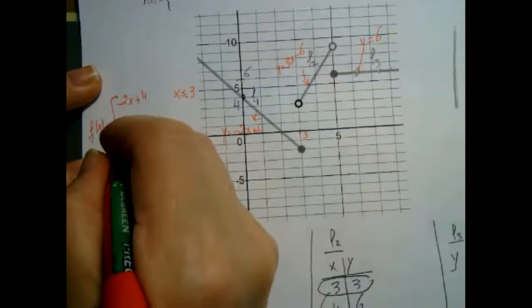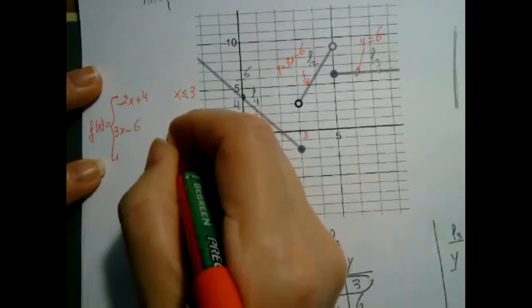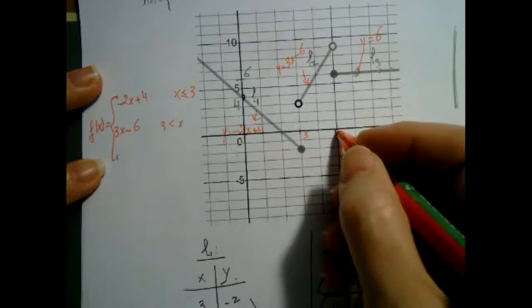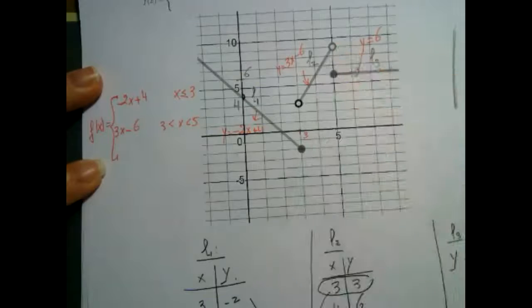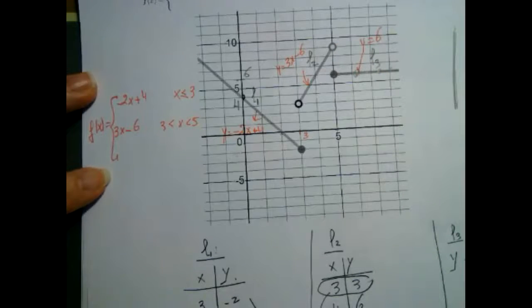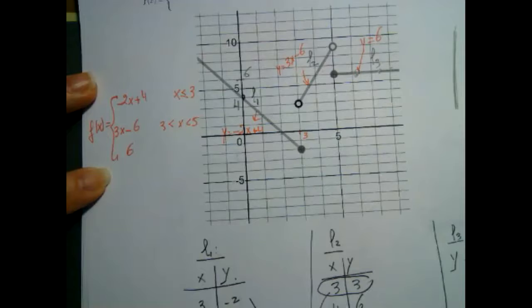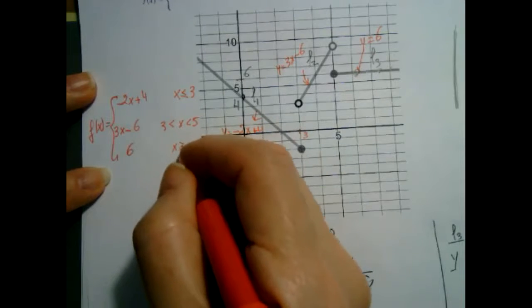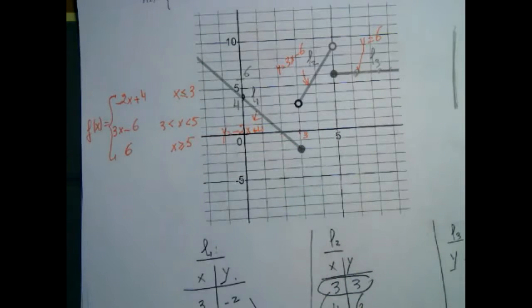It's 3x minus 6 when my x is between 3 and 5, not included because it's open right there. And my function takes a constant value of 6 if my x is bigger or equal to 5. And that's the end of the problem.